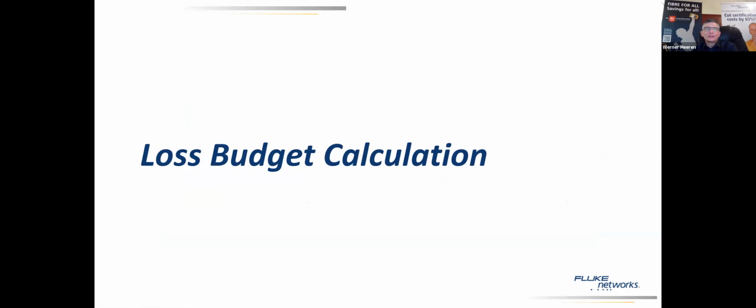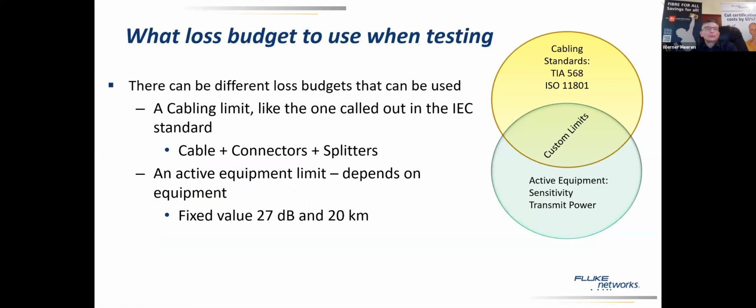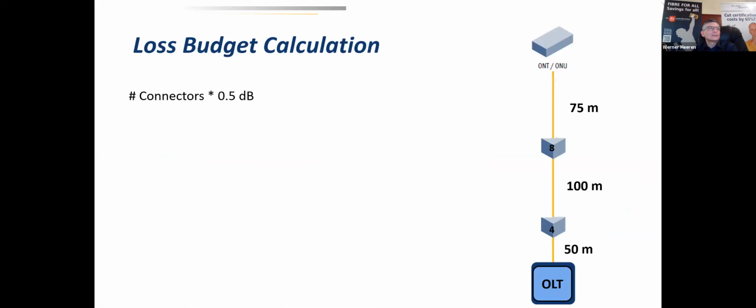Loss budget calculation. Well, there are 2 ways to calculate your budget. One is based on the application, or you can calculate it based on the active equipment. So you look at what the limits are on the active equipment, or you look at the setup: how long is the cable, how many connectors are there, and how many splices are there.